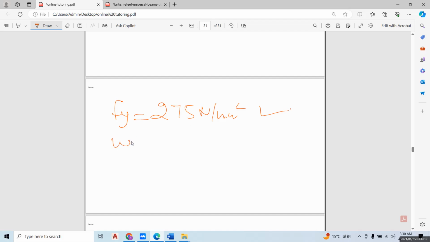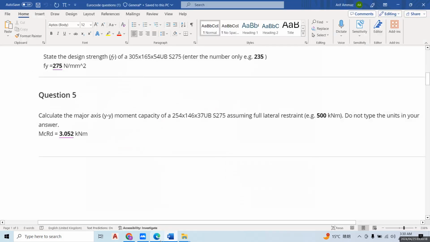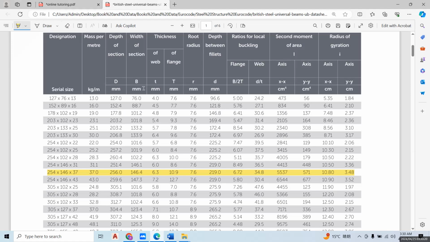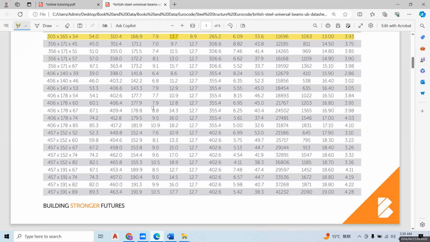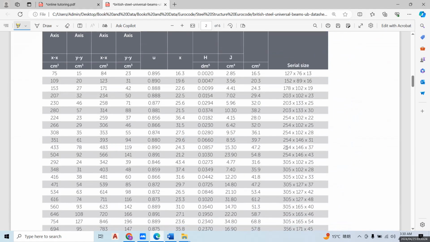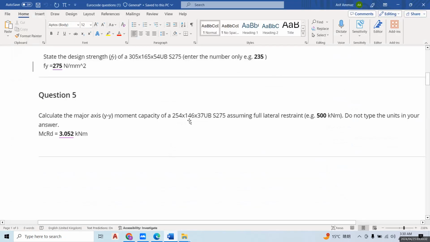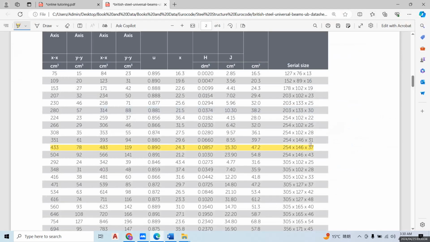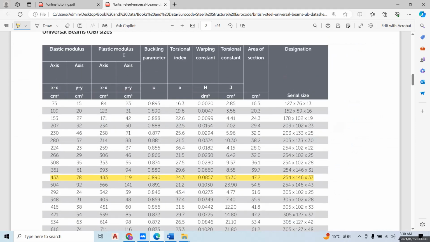Now we see what the plastic section modulus of this section is. It is written here. Go to page down, and this is 254, 146, 37. You see that this is your plastic section modulus.